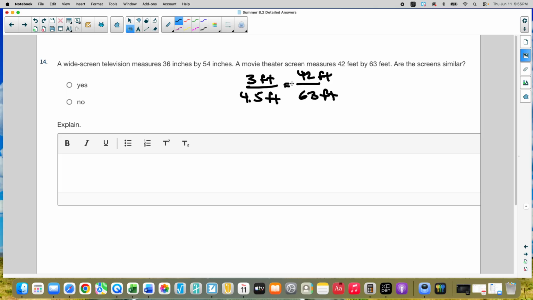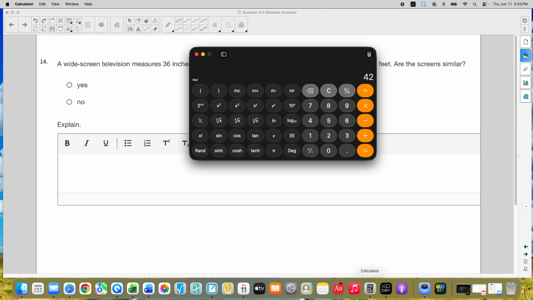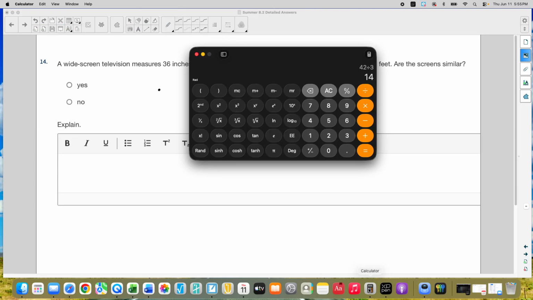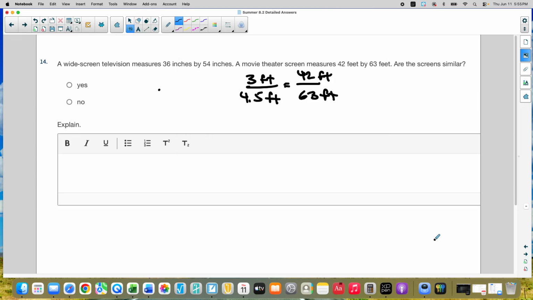So are they similar, meaning are they proportional? We can cross multiply, or see what times 3 equals 42. Let's do 42 divided by 3, which gives us 14. So if I multiply 4.5 times 14, do I get 63? I do get 63. That is awesome. So yes, it is proportional.